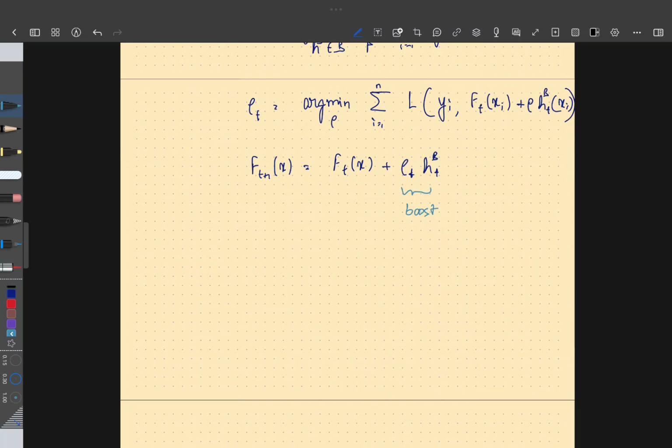All right, one good reference for gradient boosting, one of the early references, is this paper by Friedman called Greedy Function Approximation: A Gradient Boosting Machine.